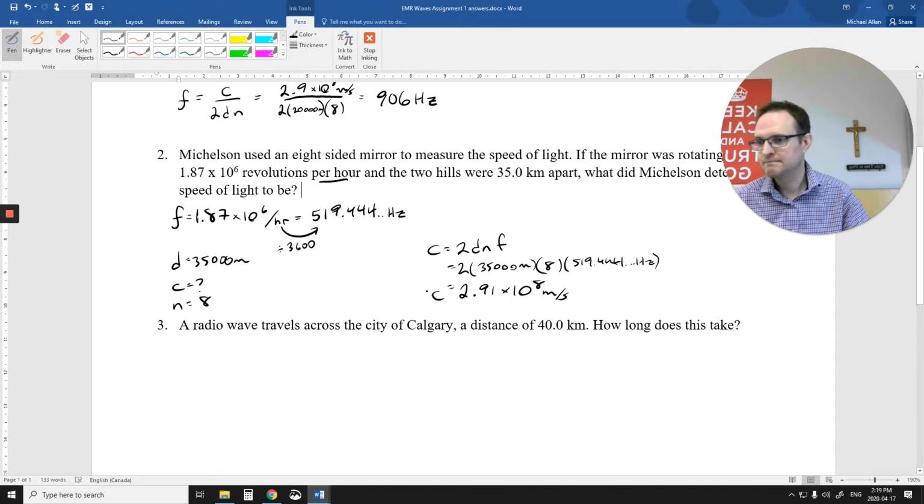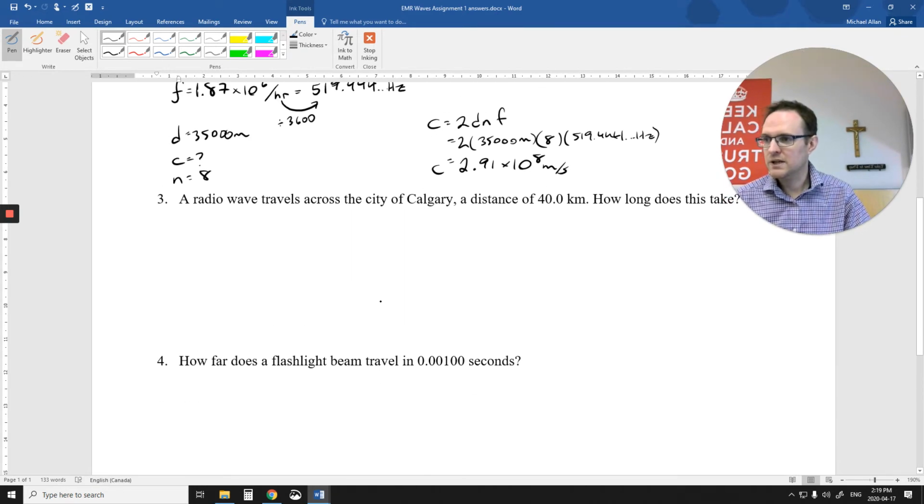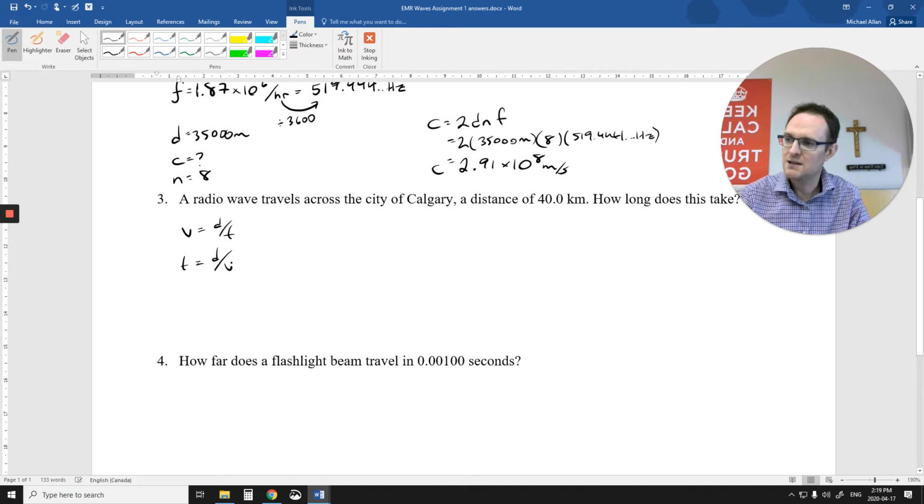Looking pretty good. All right, so our radio wave is now traveling across Calgary at a total distance of 40 kilometers. How long does this take? So if the speed of all EMR is the speed of light, I could say that v is equal to d over t, and if I want to know how long it's going to take, I'm just going to go d divided by v.